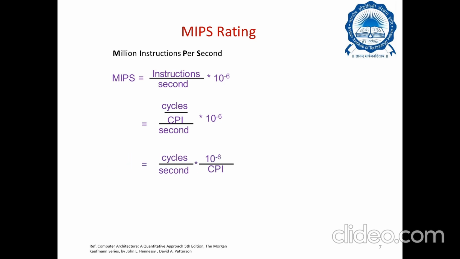Okay, now let's move to the next type of performance metric, which is known as MIPS rating. MIPS stands for million instructions per second. This is another performance metric, and here MIPS is usually written by the following function: instructions per second times 10 to the power minus 6.